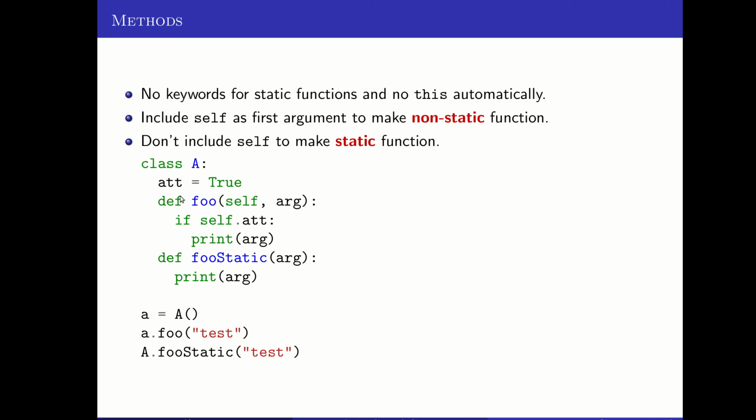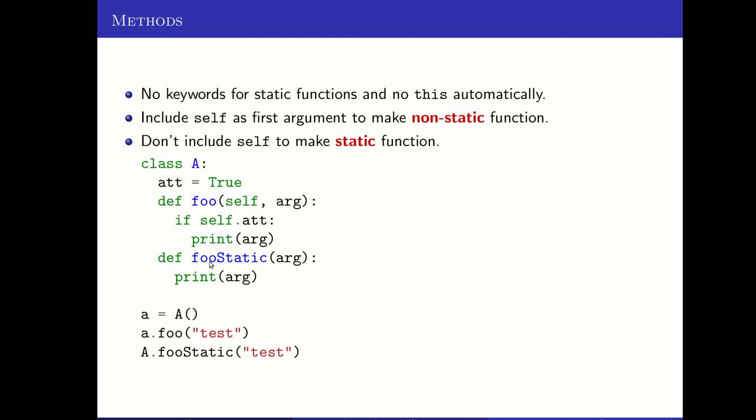For instance, the foo down here, it takes self and then some argument. And then it does some work with an instance variable, which we're using there by referencing self dot and that variable. And then it prints out the argument potentially.